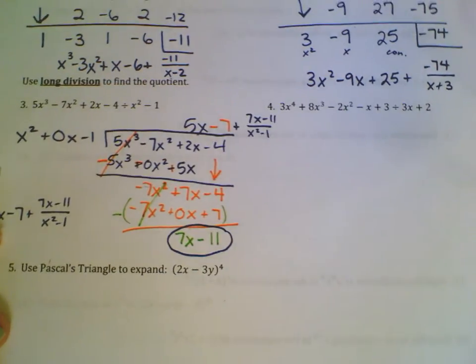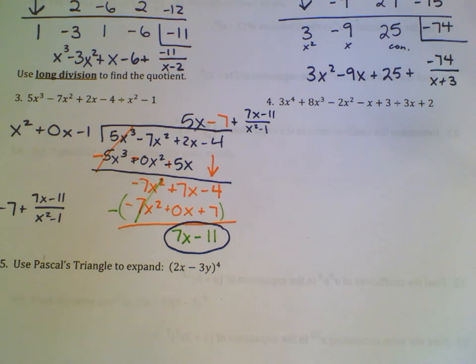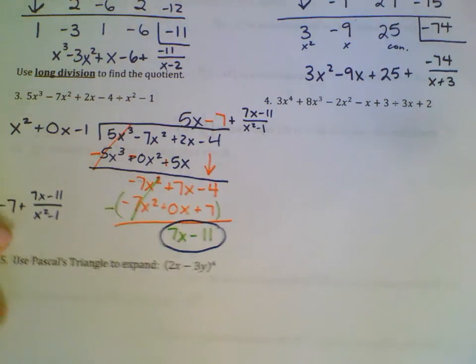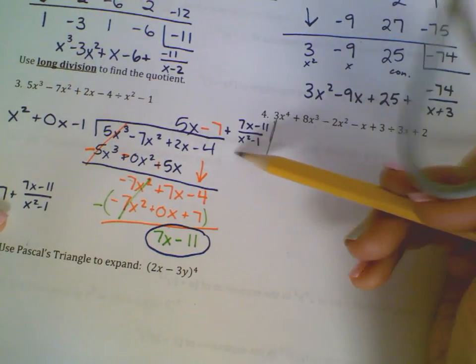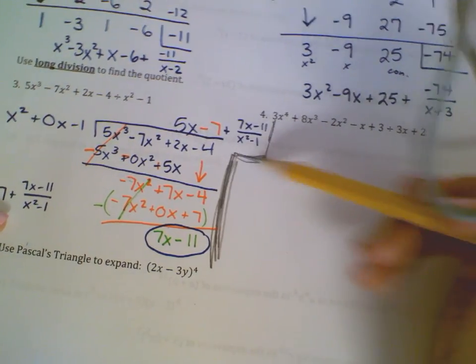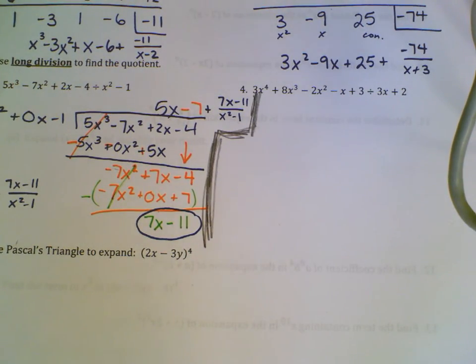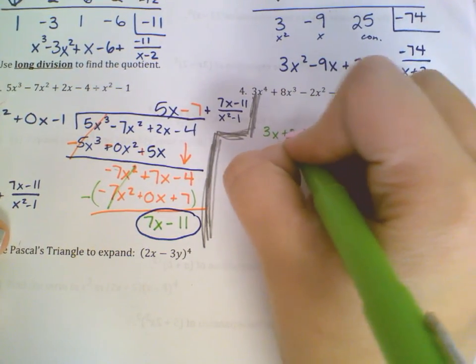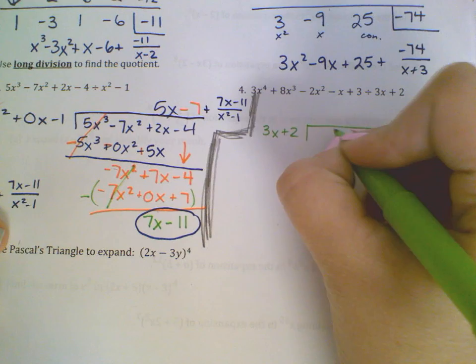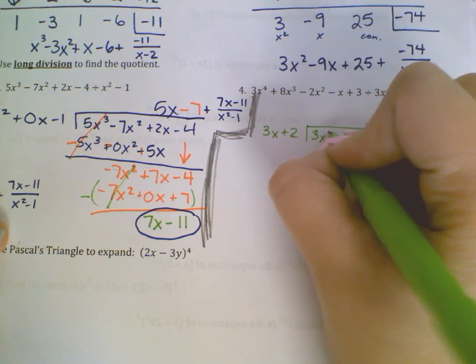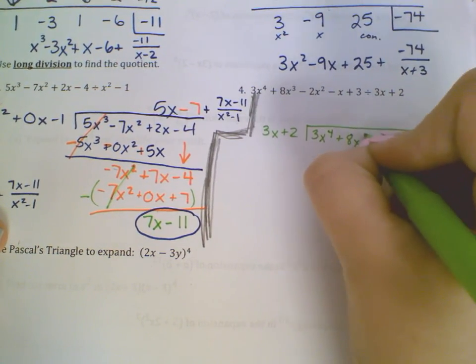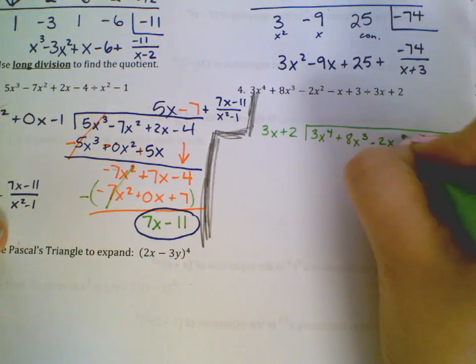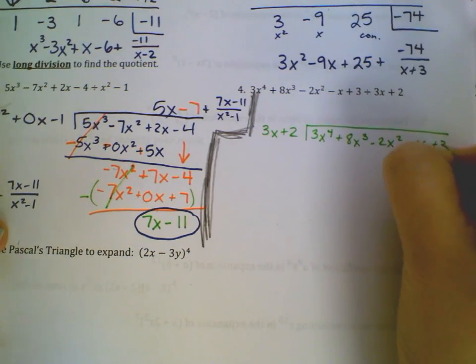Now for number 4, it's also asking us to still use long division. So let me first mark this off so we know where one problem stops and the other one starts. So I've got 3x plus 2 going into 3x to the 4th plus 8x cubed minus 2x squared minus x plus 3.